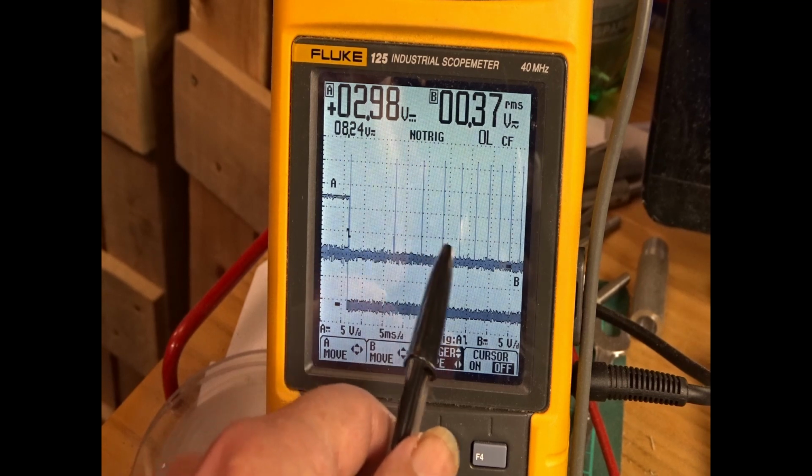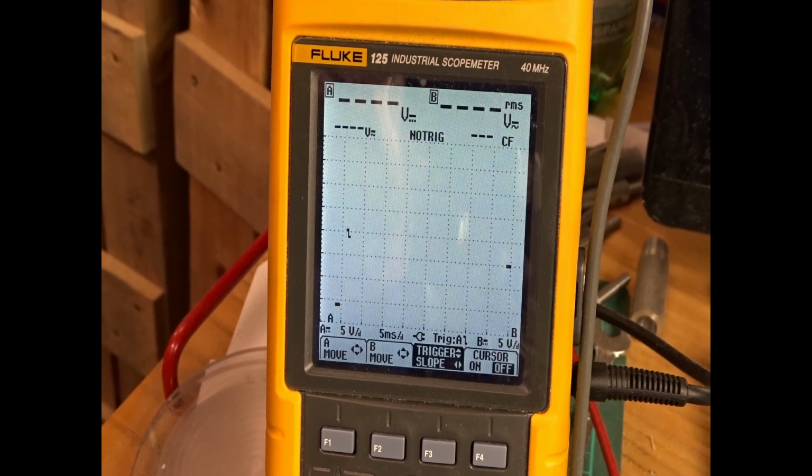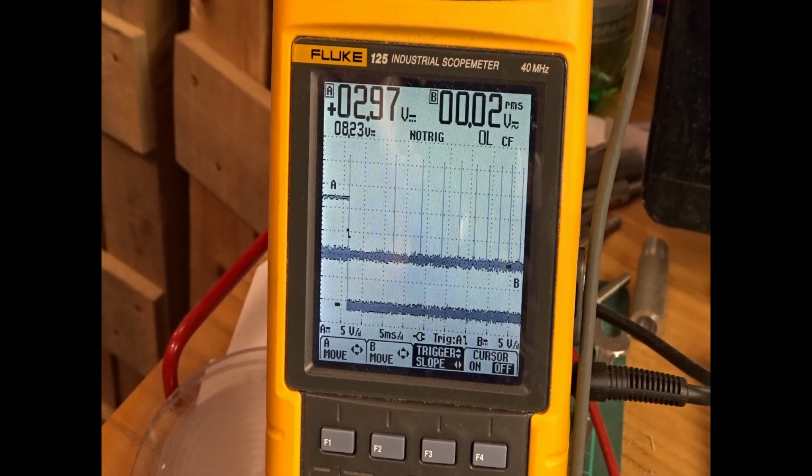First, second, third, fourth, fifth. They're accelerating again. Okay, very good.